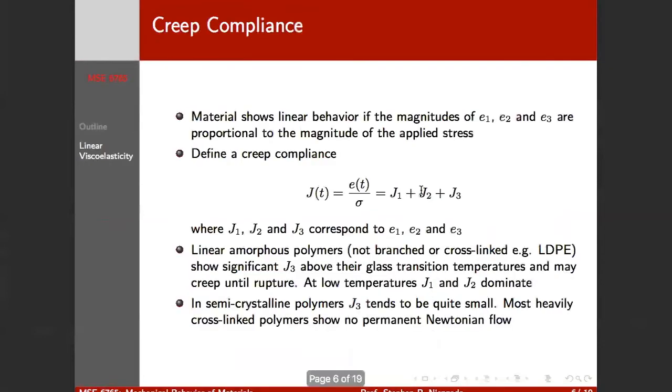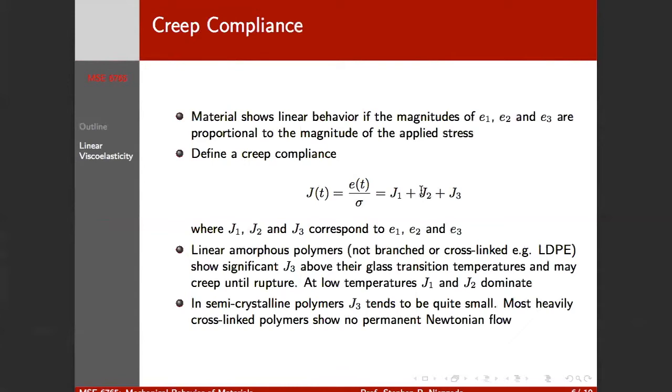Okay. So we can define a compliance, right? If our material is linear, the magnitudes of our initial elastic strain, our time-dependent strain, and our permanent plastic strain are proportional to the magnitude of the applied stress. So we can define this creep compliance, which is the ratio of the strain as a function of time over our stress.